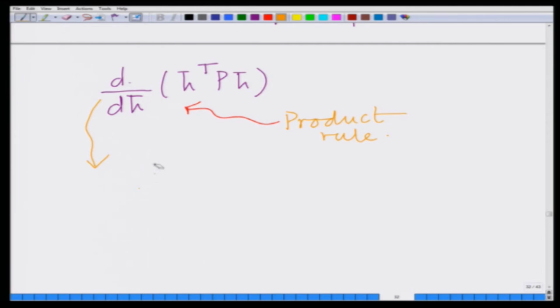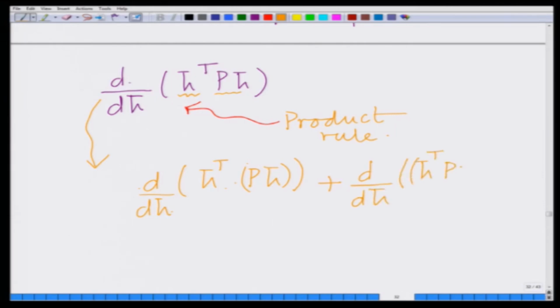First I treat h bar transpose as a constant, and therefore this is the derivative with respect to h bar of h bar transpose times P h bar, plus the derivative with respect to h bar of h bar transpose P, treating this as a constant, times h bar.